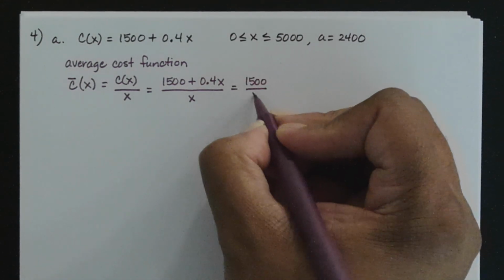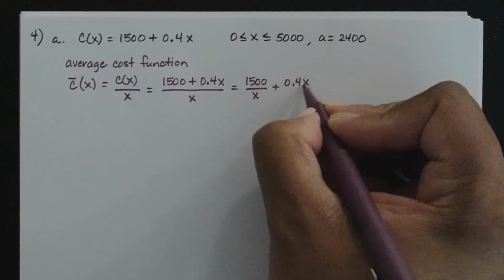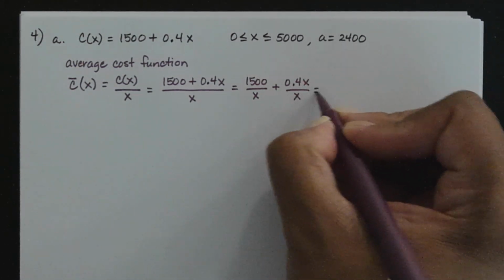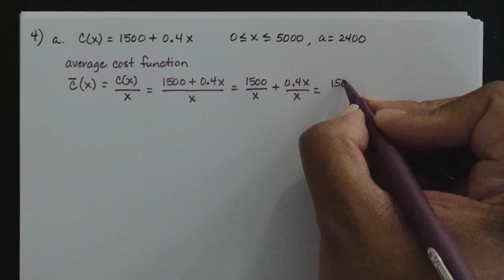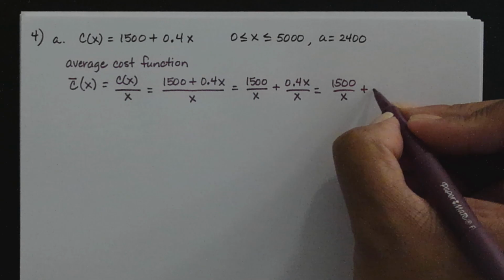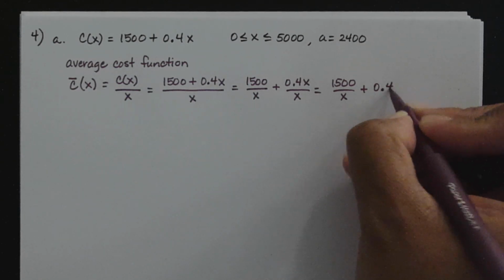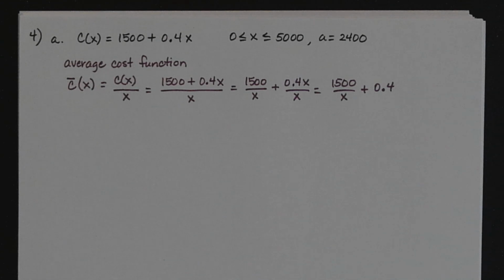I'm going to take each term in the numerator divided by the x. When I simplify, that 1,500 over x would just be 1,500 over x, and 0.4x divided by x would just be 0.4. This would be your average cost function: 1,500 divided by x plus 0.4.